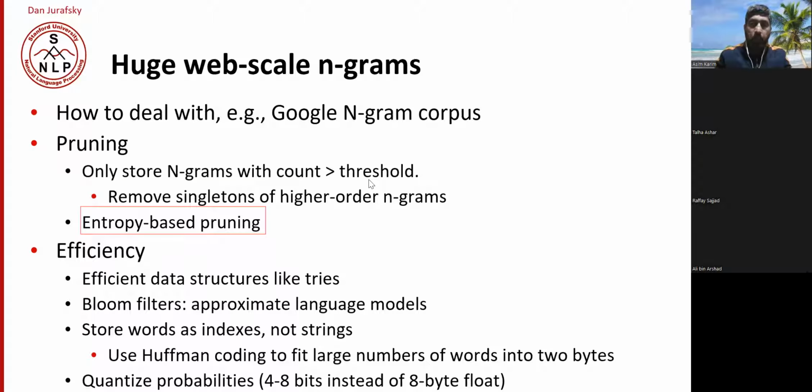You can also do entropy-based pruning, which is based on how much disorder or inhomogeneity keeping all values would create in your data set. So this is a more sophisticated way of pruning.